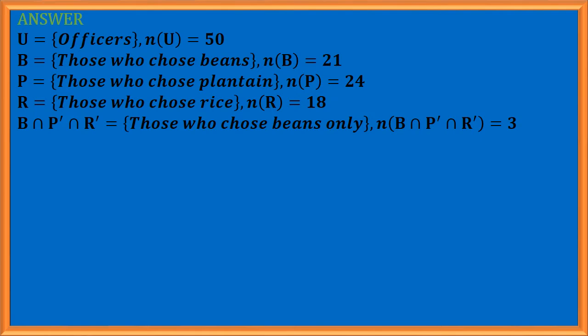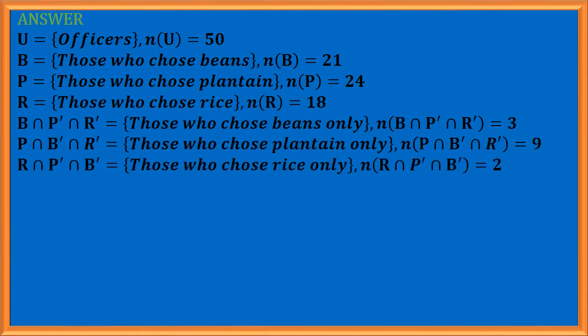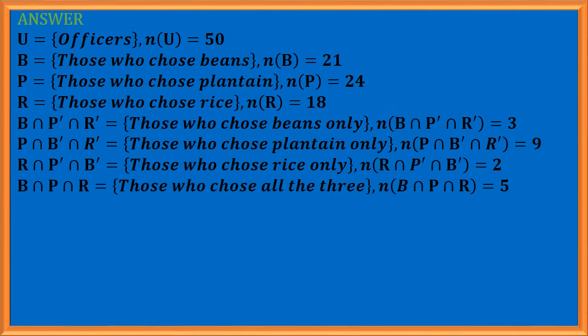Those who chose beans only will be 3. Those who chose plantain only will be 9. Those who chose rice only will be 2. And those who chose all the 3 kinds of food, that is B intersection P intersection R, will be 5.